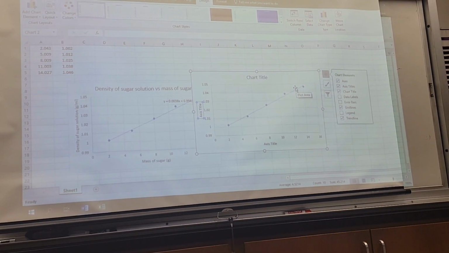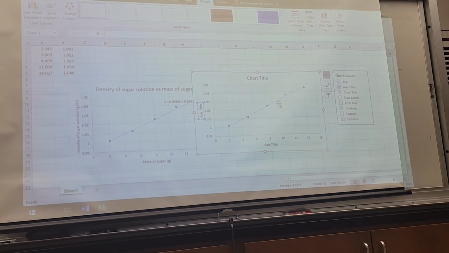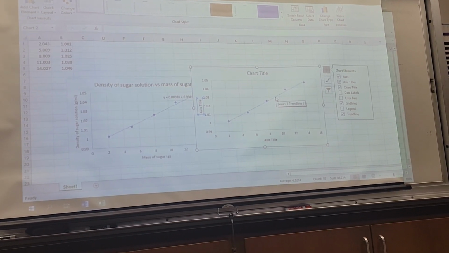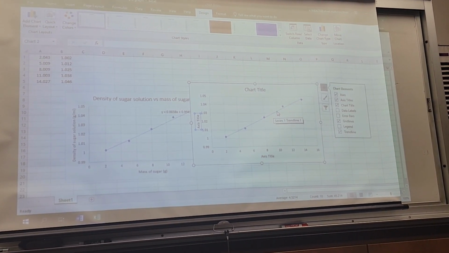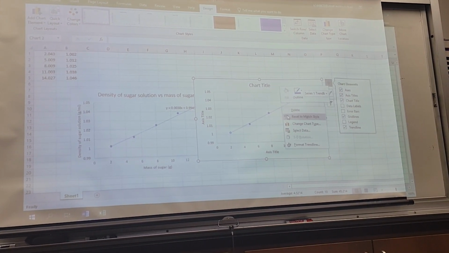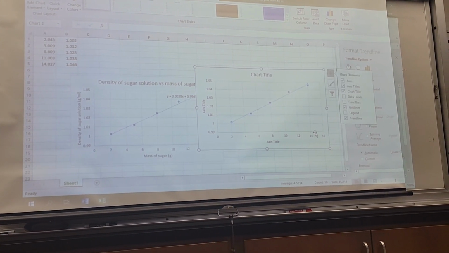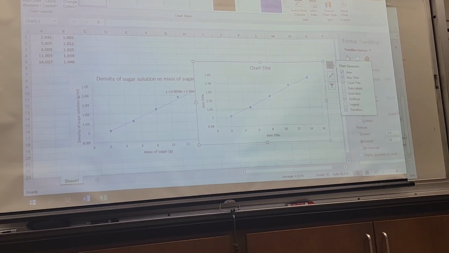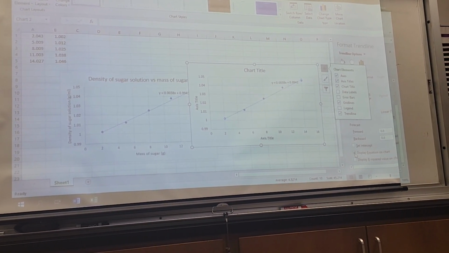After you get your best fit line, the most important thing for us is the equation from the graph. So you go to the graph and right click, and then you choose format trend line, and on the right side you find display equation on chart.